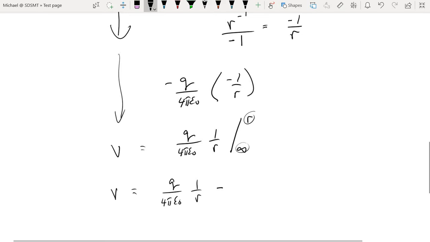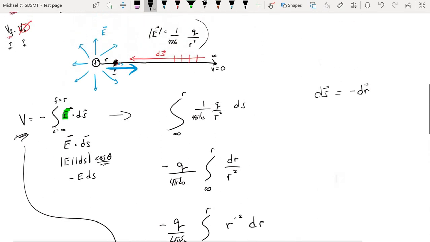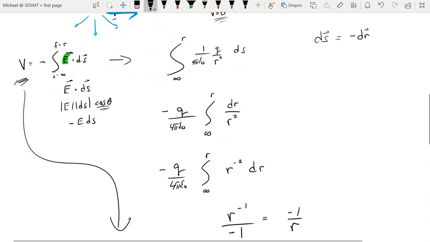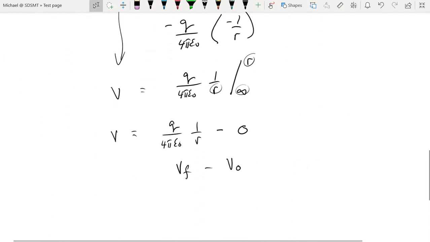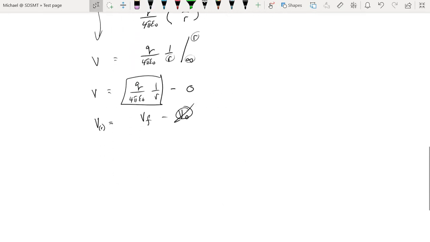Well, 1 over infinity is going to be 0, which, as we said, we should be getting the difference in the potentials for the system, but the initial potential way out at infinity was supposed to be 0. That's exactly what we're getting. And so the potential, a distance of r from our charged particle, is, let's see what we have here.